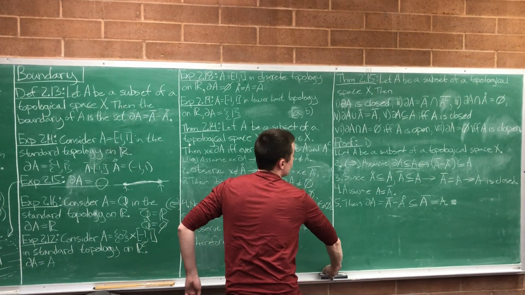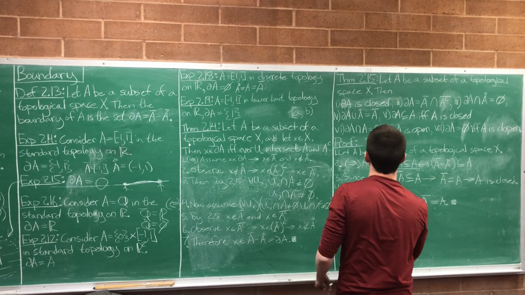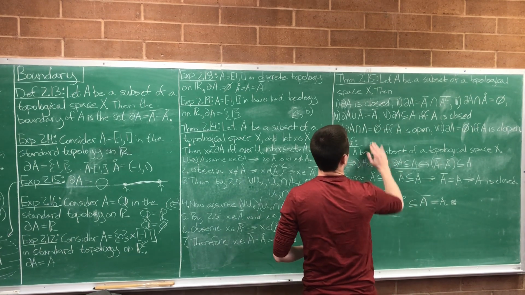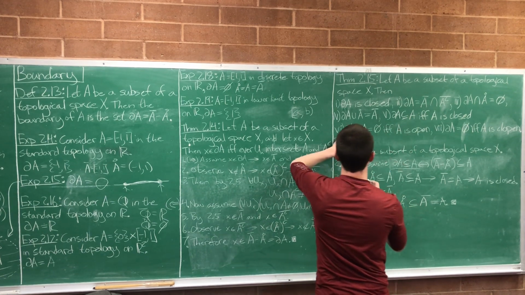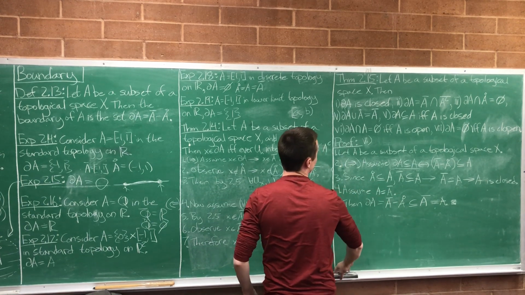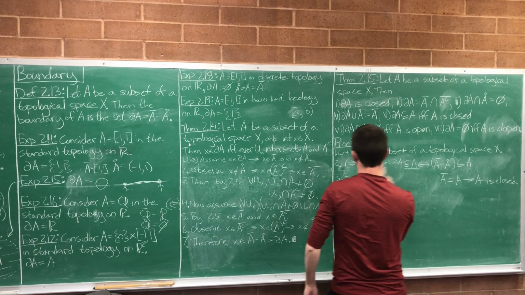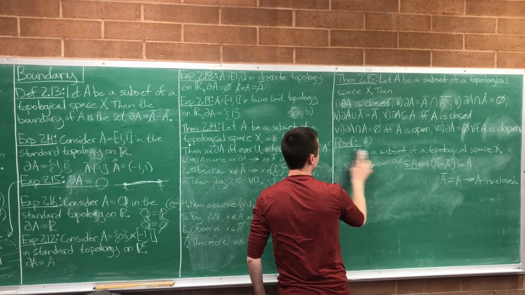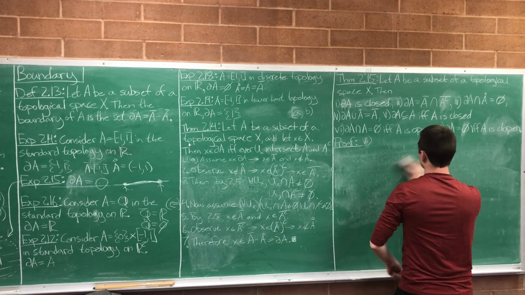Okay, and we're on to 6. Maybe right here, so I know it's in place. We did this one, so now we're doing this one, 6. Showing that the boundary intersected with A is empty if and only if A is open. So if A is equal to its interior. Oh shoot, I erased the top line.